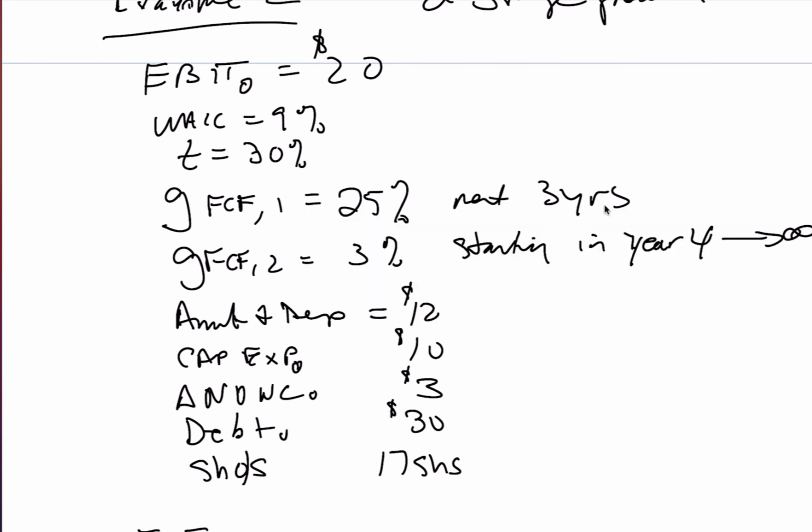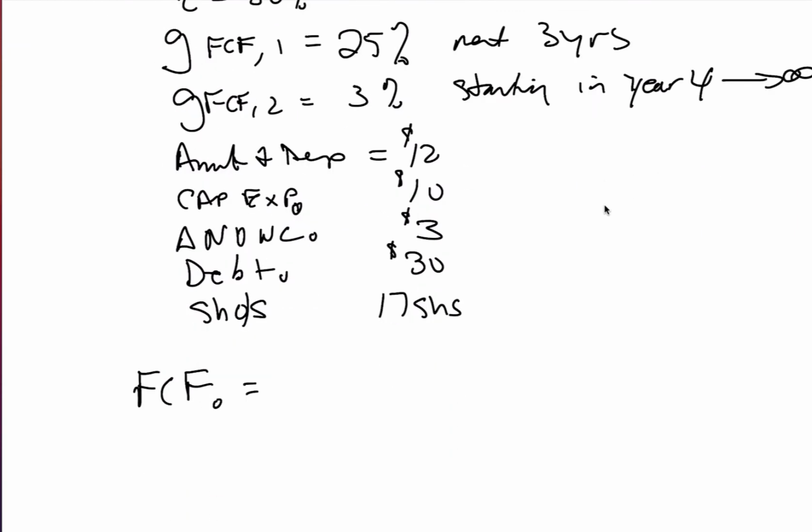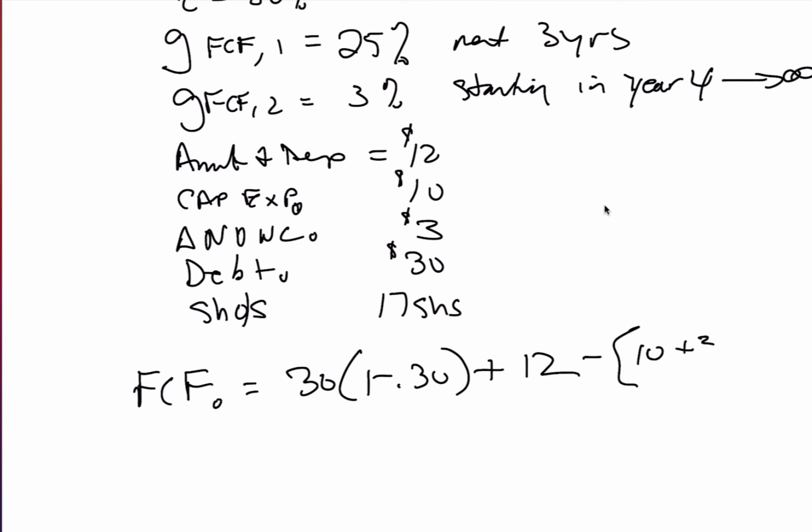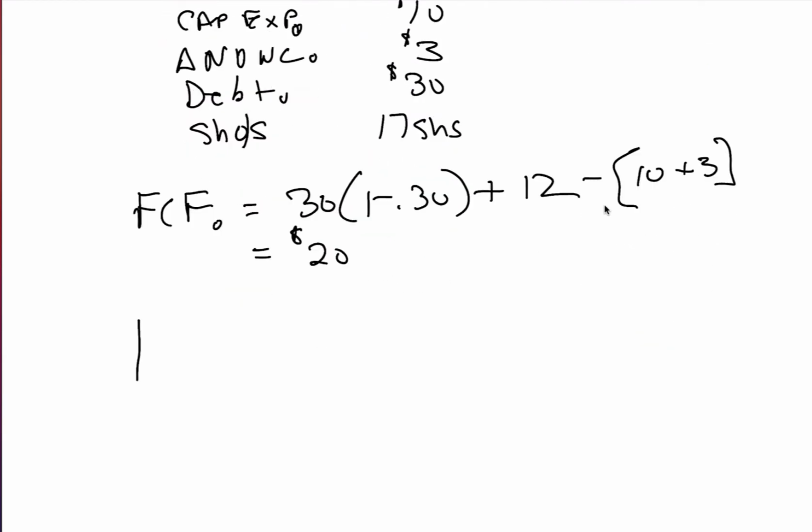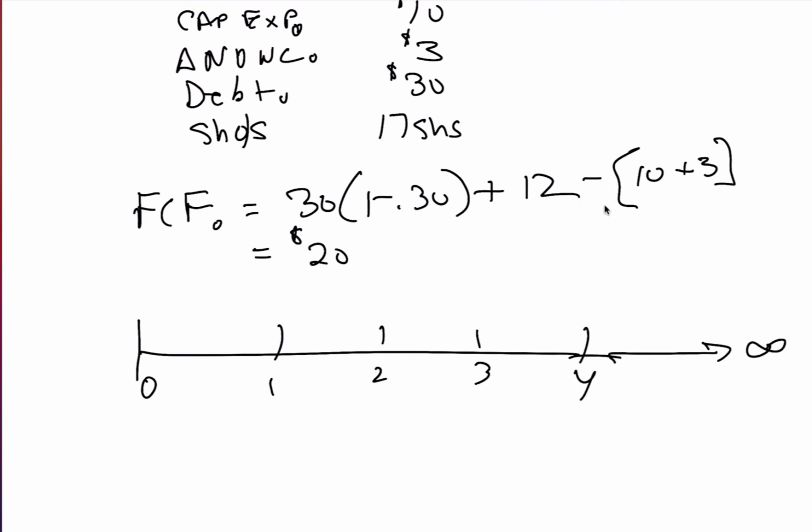And so free cash flow is going to be 30 times 1 minus the 30% tax rate plus the 12 in amortization and depreciation minus the $10 in capex plus the $3 in the change in net working capital, and we get $20 in free cash flow. So we graph it, and we get $20 right here.